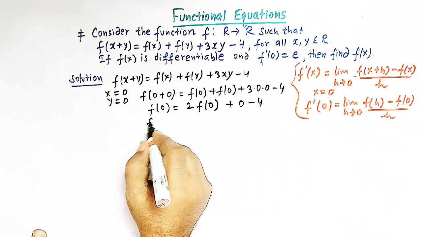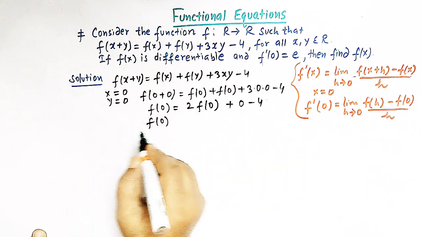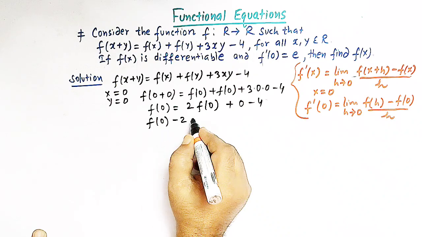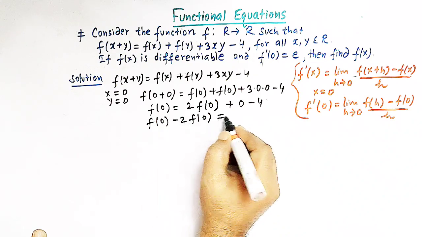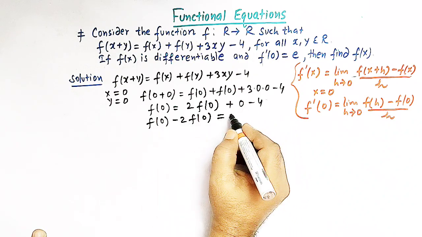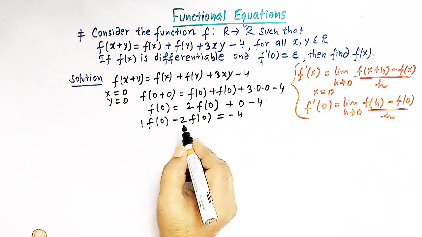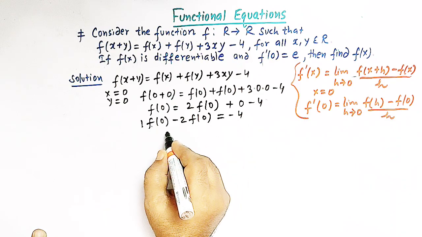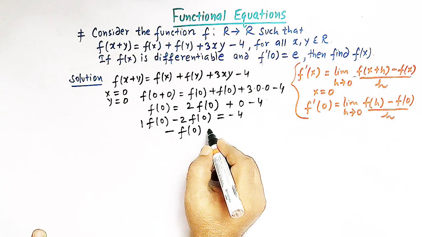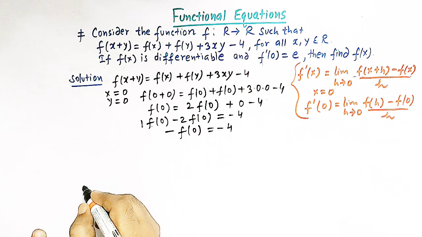So we can take this term to the left hand side. We have f of 0 minus 2 times f of 0, which is minus f of 0, and this is equal to minus 4.